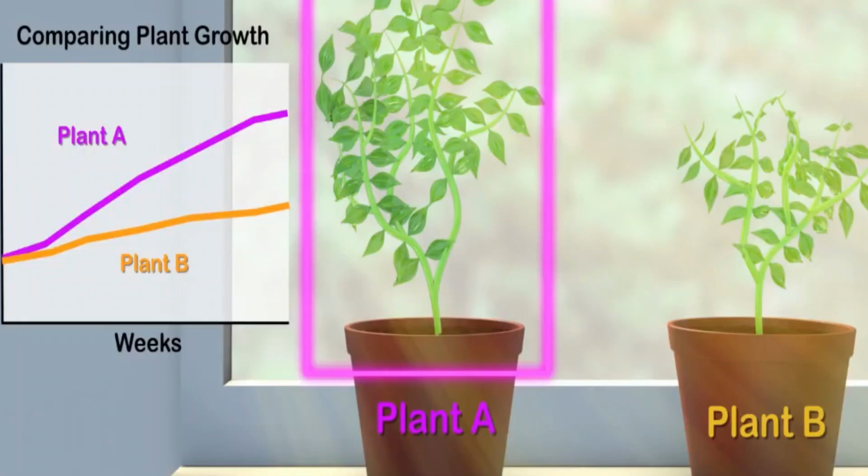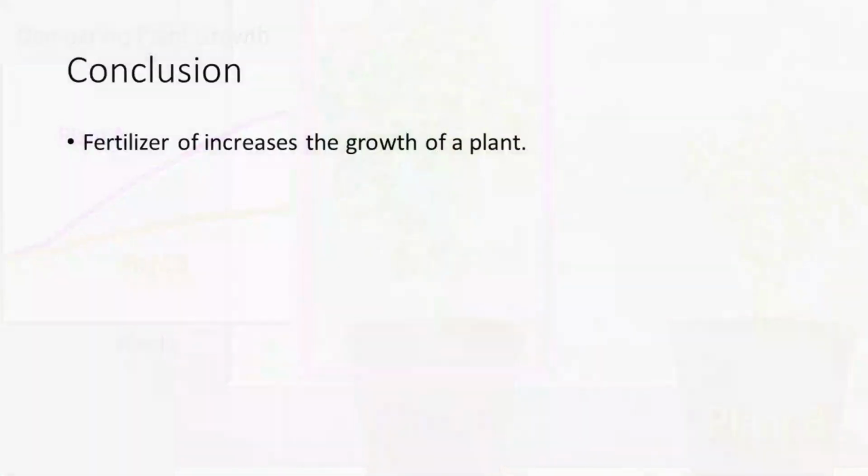At the end of the practical we can come to the answer that setup A has grown very well, therefore fertilizer increases the growth of a plant. Understood? So there are two things: the experimental setup and the control setup. Control setup means the testing factor should not be supplied.